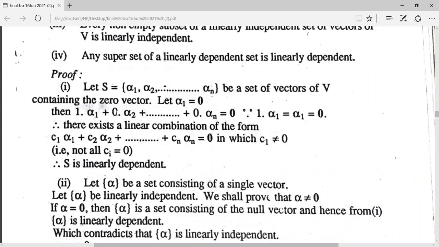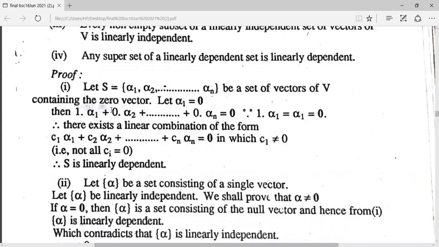No. Second scalar is 0, third scalar is 0, and the last scalar is 0, but the first scalar is different from 0. What is the first scalar there? First scalar is 1. So 1 is not 0 here.